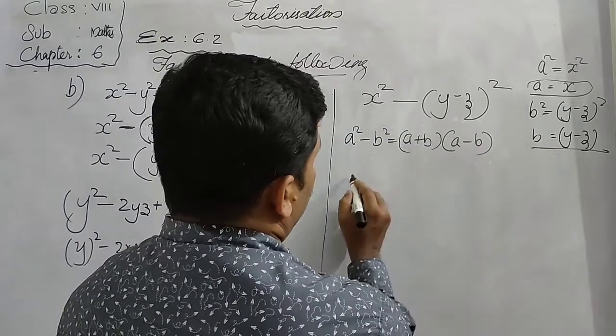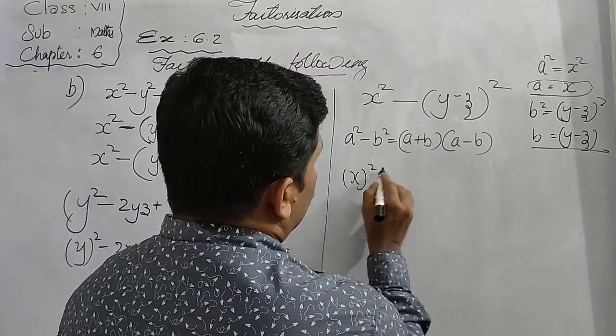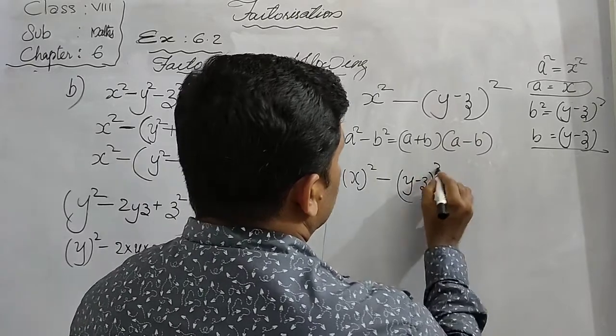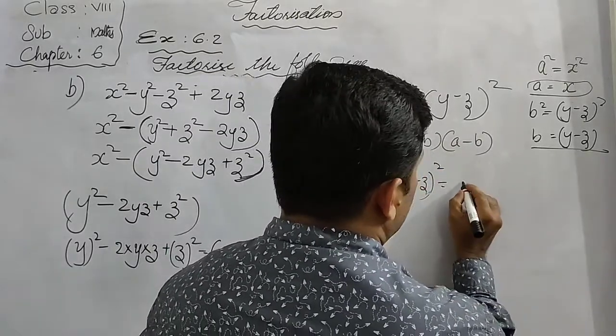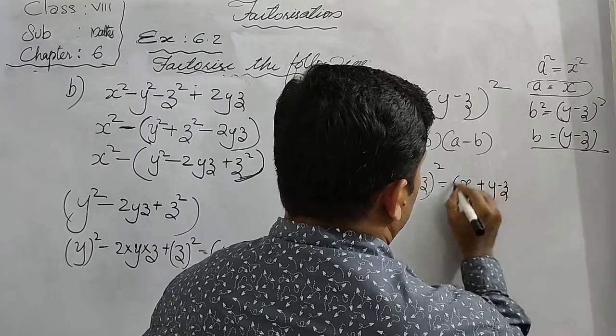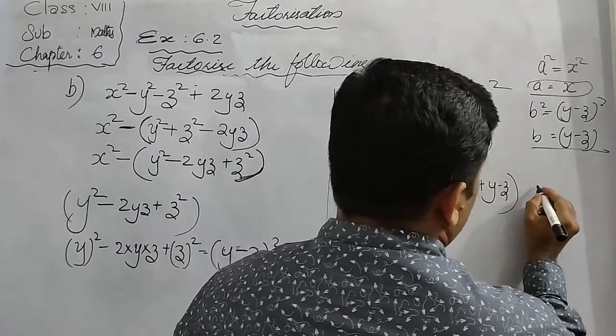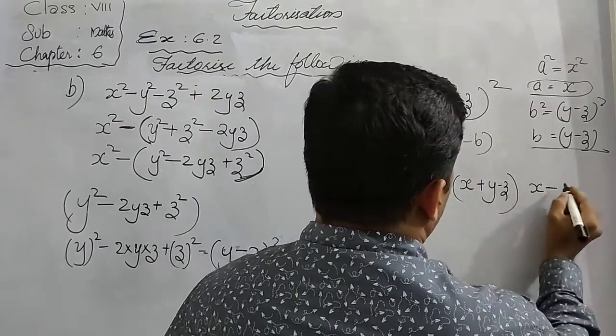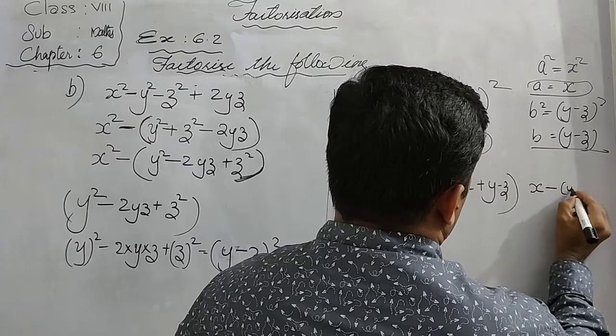Then a square means x all square minus b square means y minus z all square is equal to a plus b. A means x and plus b means y minus z. And next a minus b: A means x minus b, b is equal to y minus z.